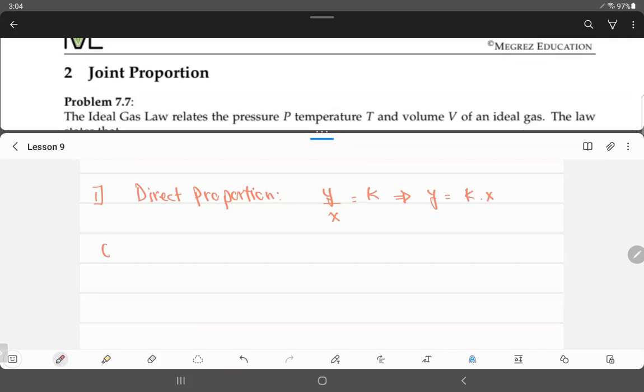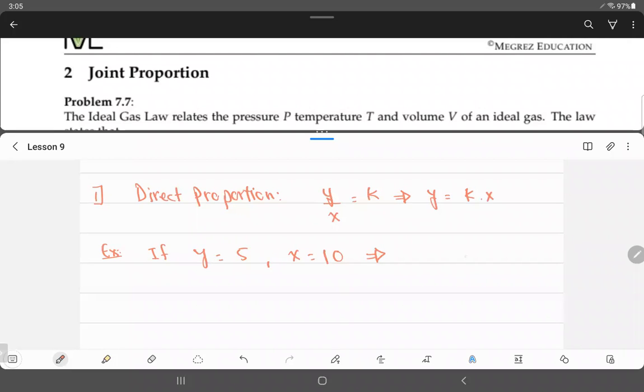Example: let's say y equals 5 and x equals 10. First of all, I'm telling you that there is a direct proportion between x and y.